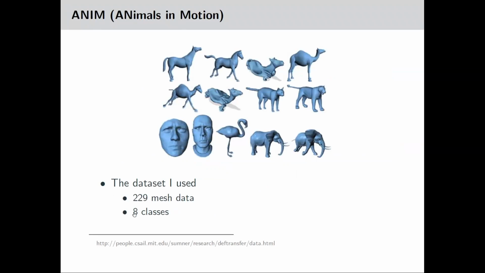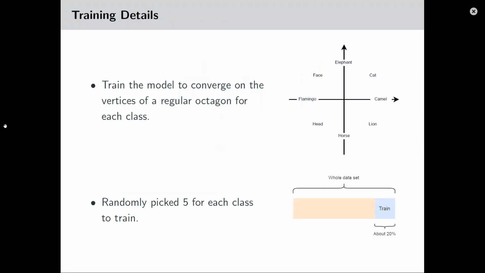And there are 8 classes, including some animals like horses, camels, elephants, and faces, and so on. So the task I chose was to find a 2D vector representation for each mesh data so that the representation of each class is located at the vertices of the regular octagon in 2D space.